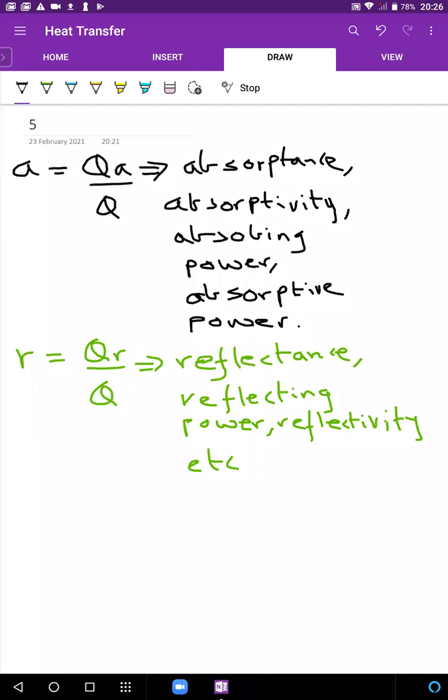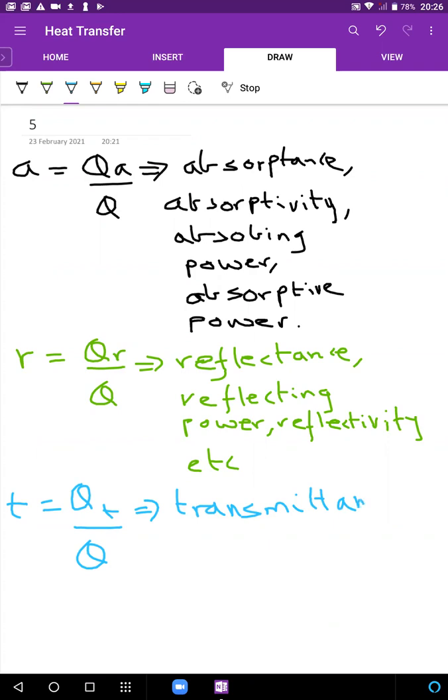Similarly, the fraction transmitted is called transmittance or transmittivity, yeah, transmitting power.